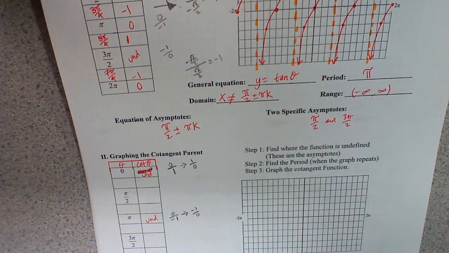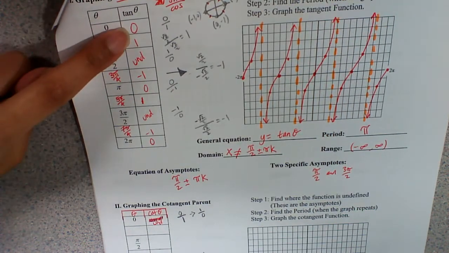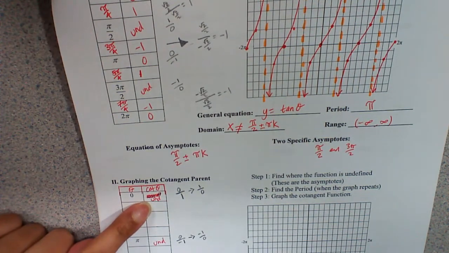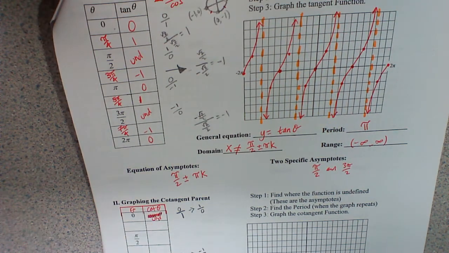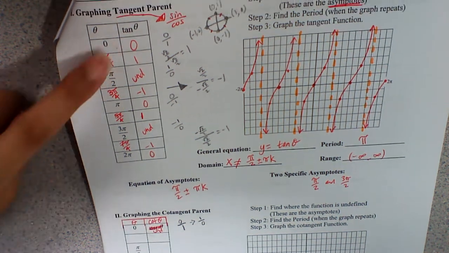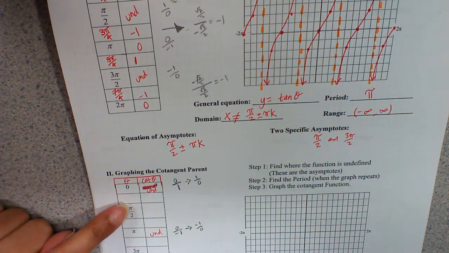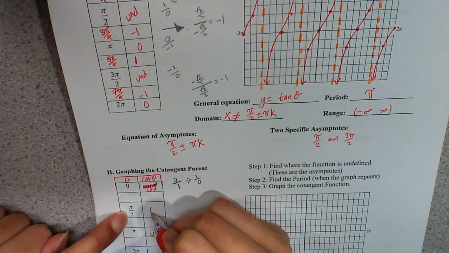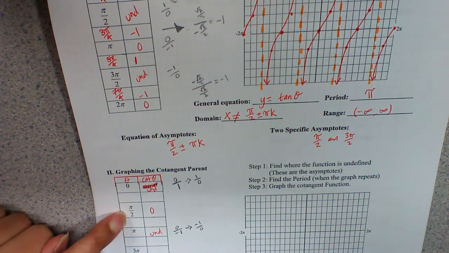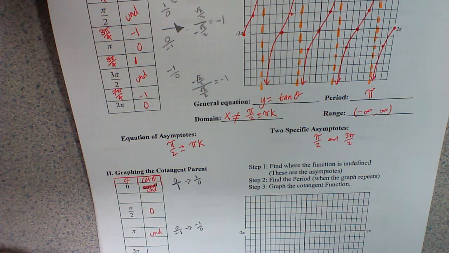And because wherever tangent is 0, cotangent is undefined, vice versa is also true. Where tangent was undefined, cotangent will be 0. So at pi over 2, cotan is 0. At 3 pi over 2, cotangent is also 0.